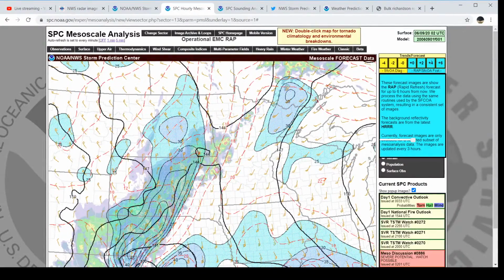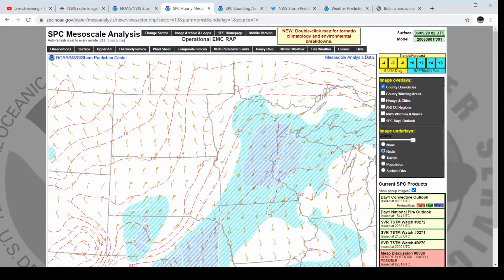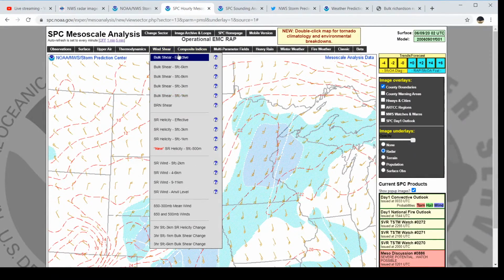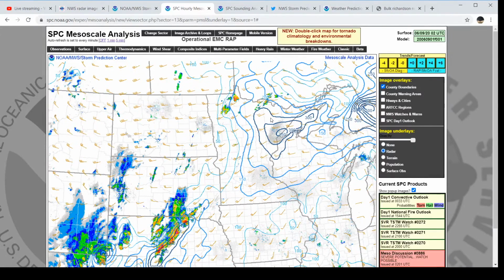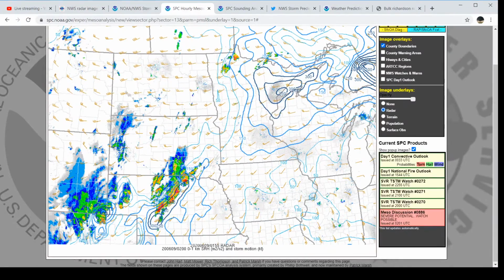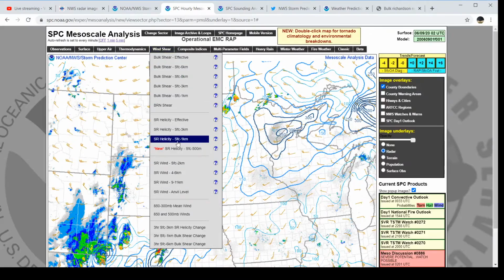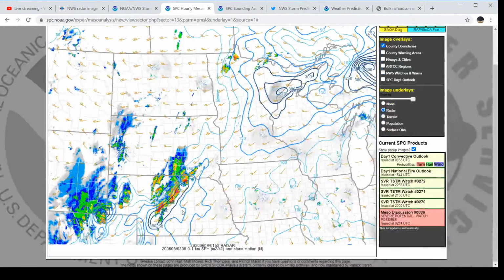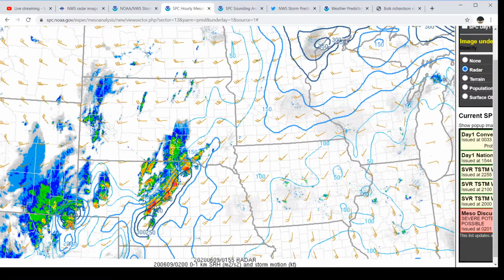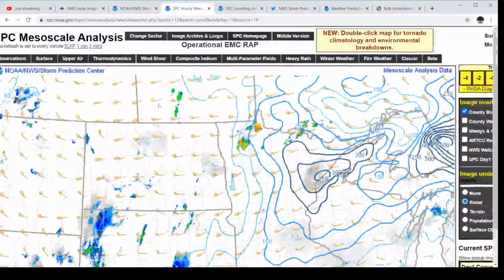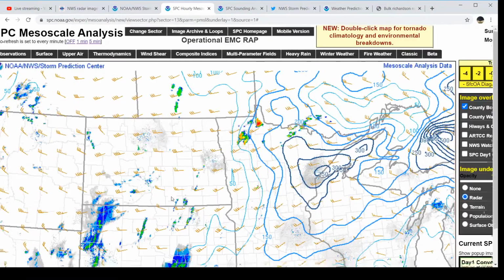So as we can see, it completely diminishes as the storms continue north. We'll see what our surface to 1 kilometer helicity does. Oh wow, this must have just updated. Okay, so we got plenty of 0 to 1 kilometer SRH. Okay, let's check out the 0 to 500 meters then.